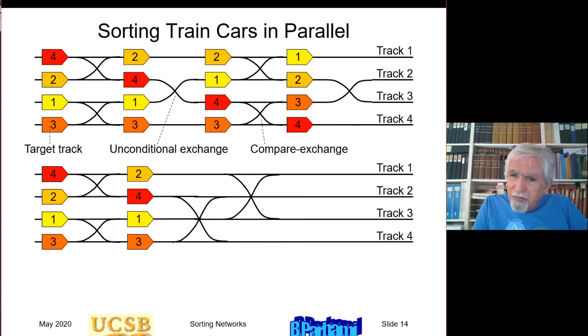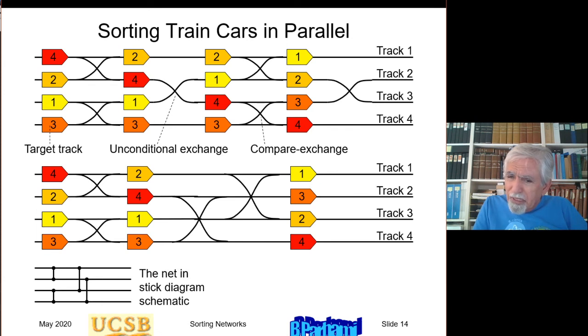Again, let's do this. So there is conditional exchange between 2 and 4 and between 1 and 3. After these two conditional exchanges, 1 and 2 are compared, and 3 and 4 are compared.